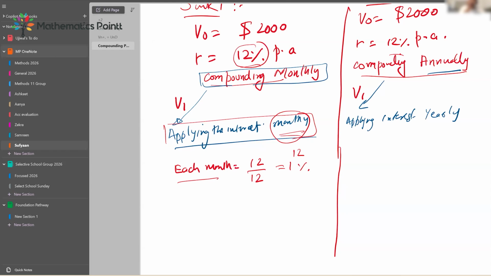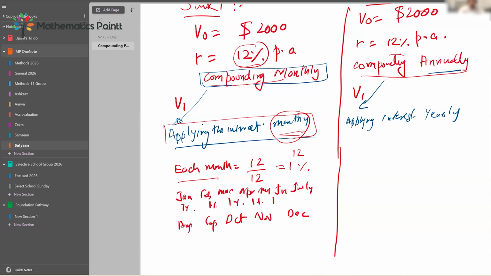So 1% January, 1% February, 1% March, up till December. So you've got 12% being split into monthly interest payments. From Jan, Feb, March, April, May, June, July, August, September, October, November, December, 1% here, 1% here, 1% here. It's all 1%.